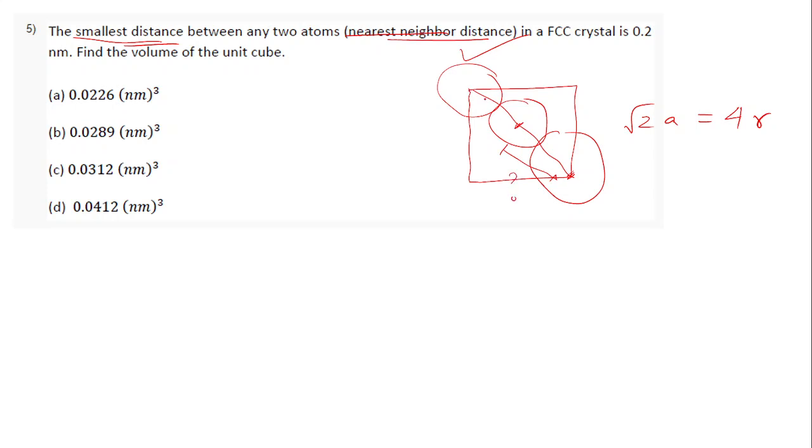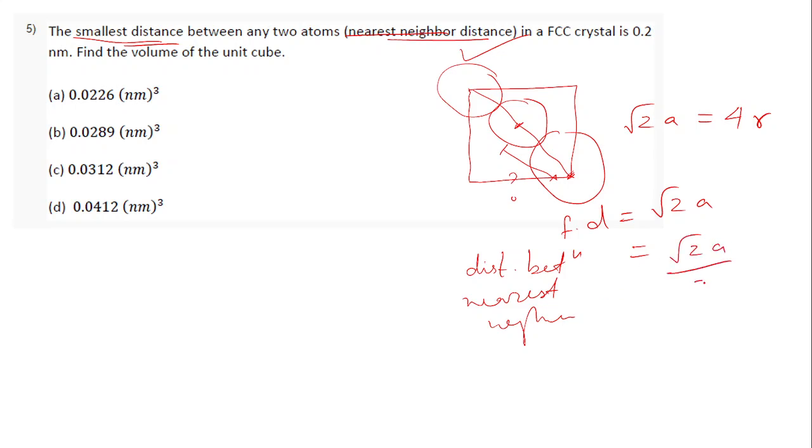We know this whole face diagonal is root 2 a, and this is half of it, right? The distance between nearest neighbors is half of it, meaning root 2 a by 2, that is a by root 2.